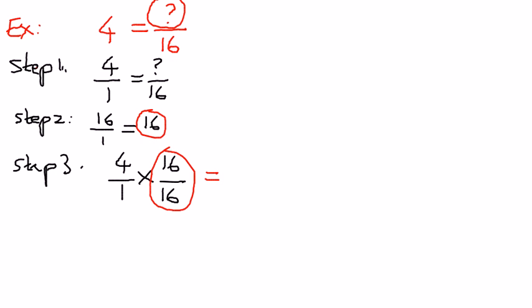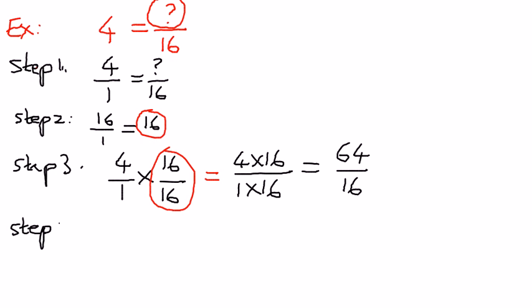When we do that, the equivalent fraction comes out as follows. We're going to multiply the numerators 4 times 16 and multiply the denominators 1 times 16. 4 times 16 is 64. 1 times 16 is 16. So therefore, as step number 4, we can come back and say the number which is missing is 64, or we can say 64 over 16 is an equivalent fraction of 4 over 1.